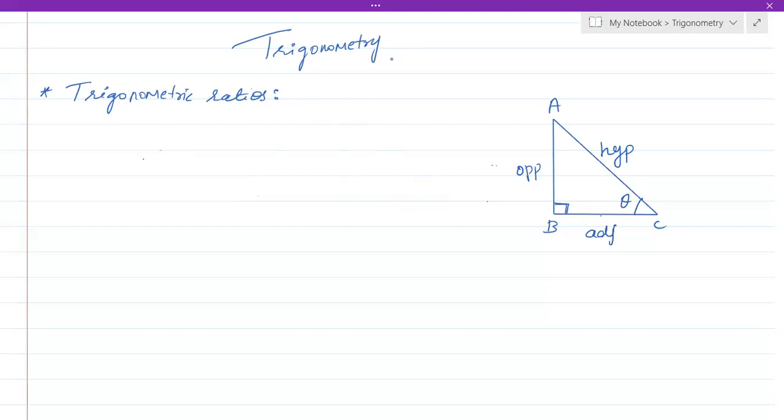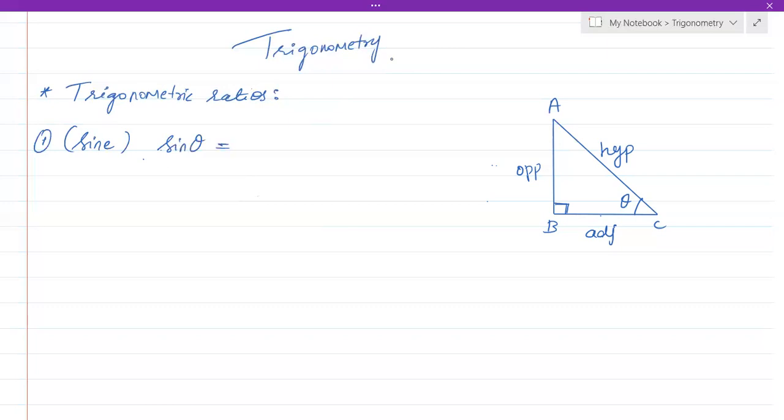Suppose I am comparing AB and AC, ratio means comparison, isn't it? If I am comparing the opposite side with the hypotenuse, we have given a name to it known as sine theta. The full name is sine, but we write it as sin theta. We read it as sine of an angle, or sine theta.